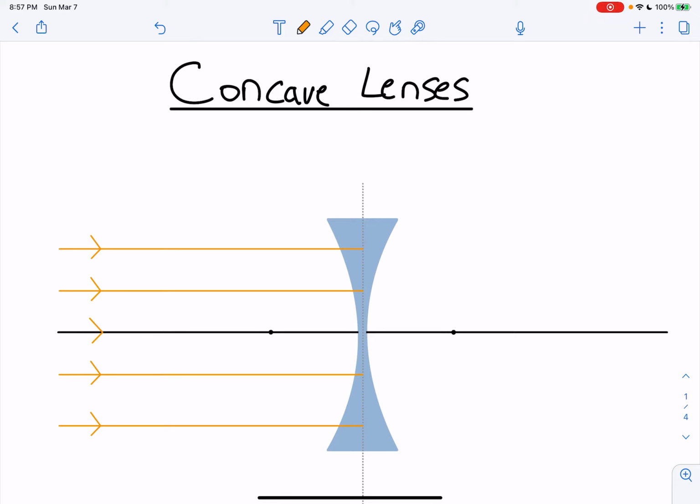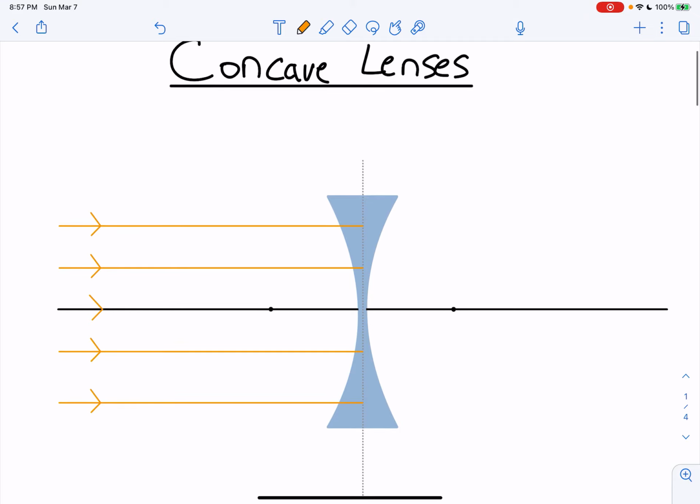So we can first ask ourselves what's going to happen to the ray of light that's going through the very center. If we look at the curvature of the lens at that optical axis right there in the middle, there's going to be a tangent to that curvature that is completely vertical.